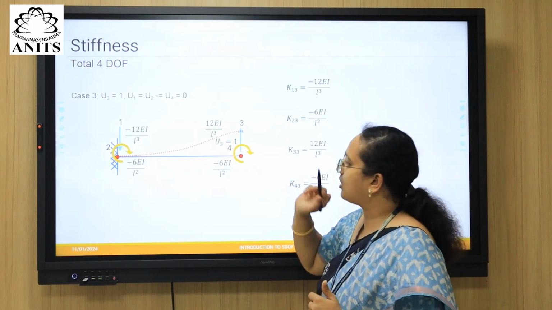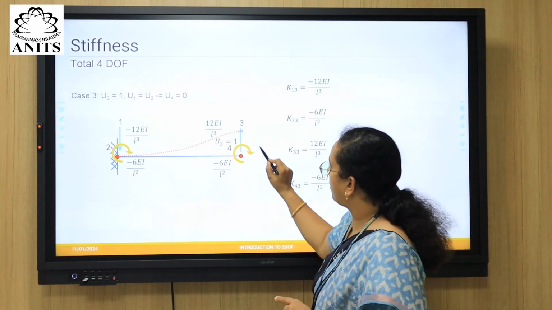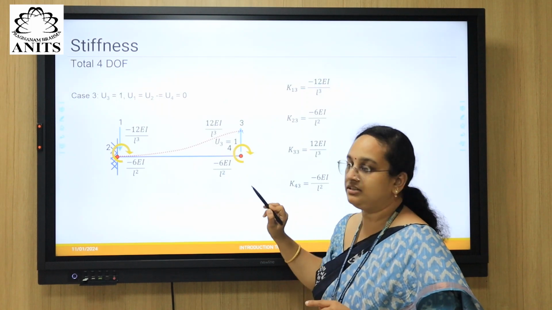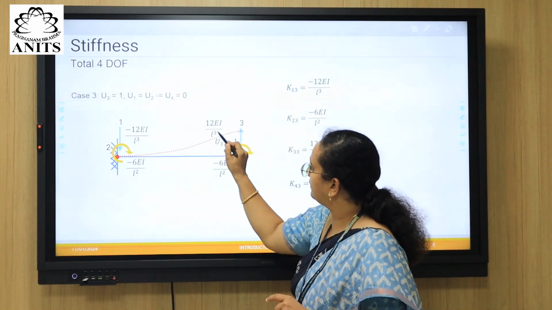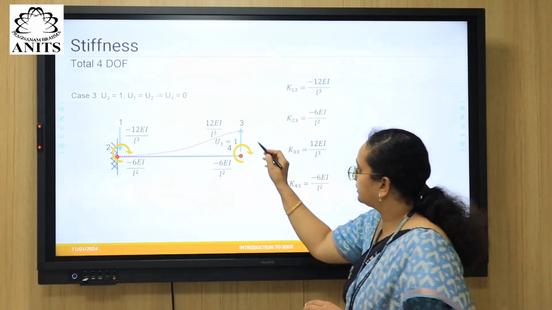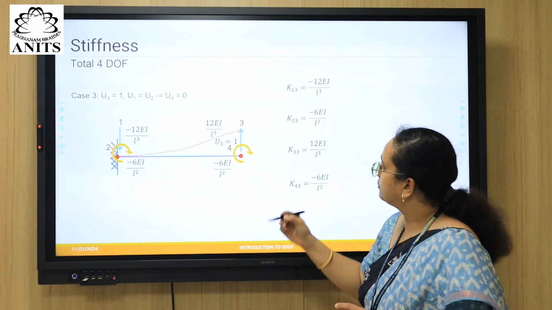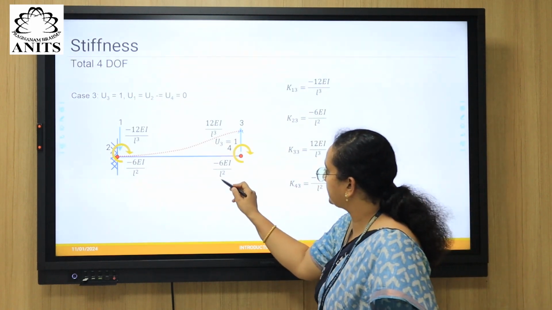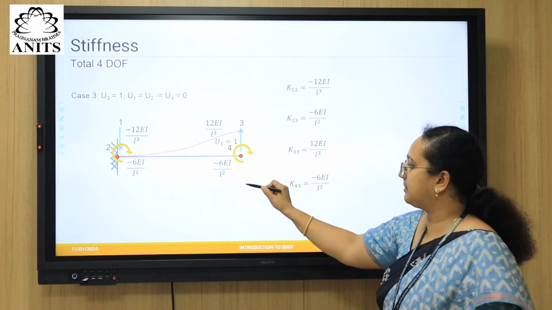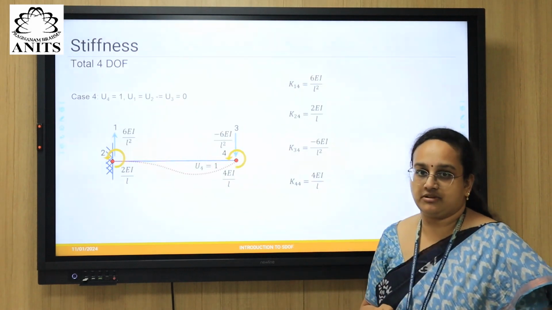So that is a clockwise rotation coming in this direction, such that this is not having a rotation of theta. Here theta should be 0, right? So to ensure theta 0, you need to develop a moment which is equal to 6 EI by L square. This is coming again from the slope deflection equations.